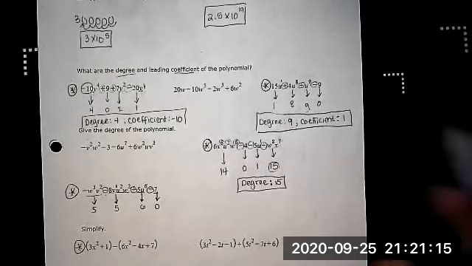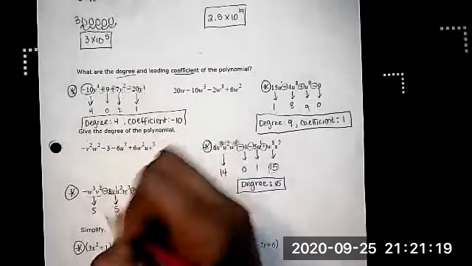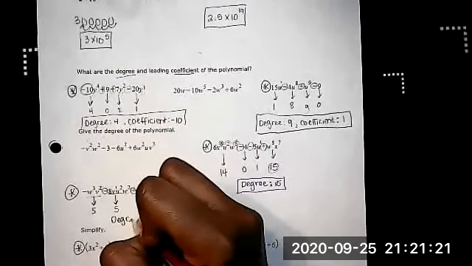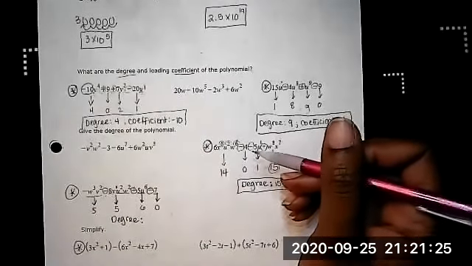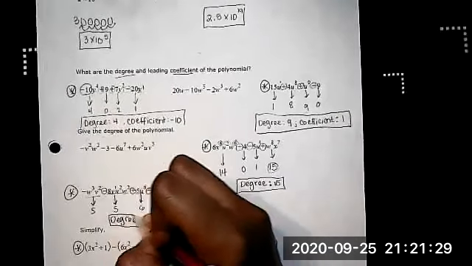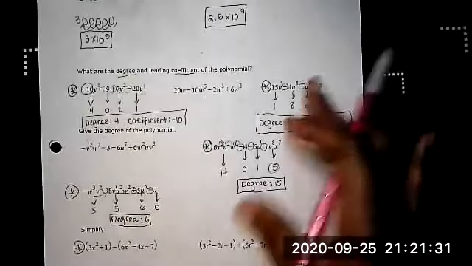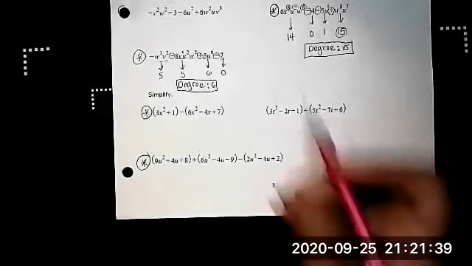Okay? No exponent, no variable. So your degree here is the term with the highest degree, which is 6. So the degree of our polynomial is 6 there. Got it. All right.